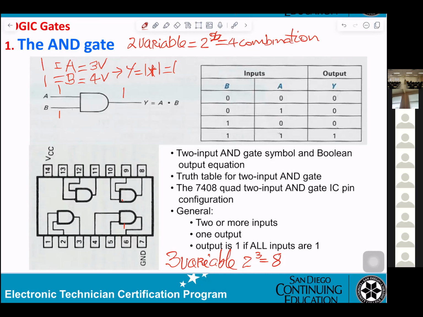If you measure one input 0, no matter what the other input is, output must be 0. Either one gets 0, you get 0. Now, this is the key point to memorize.